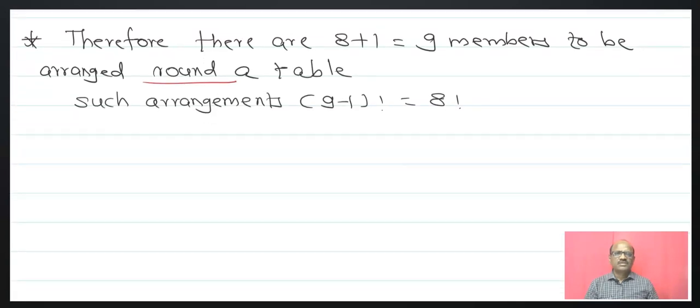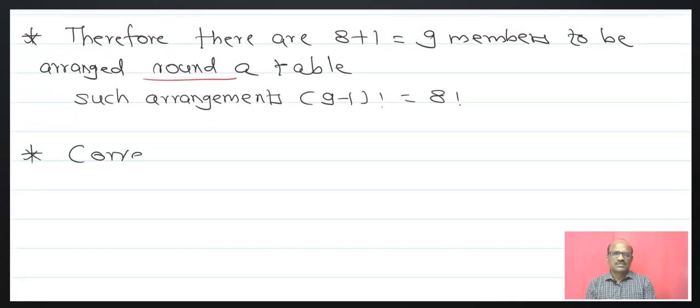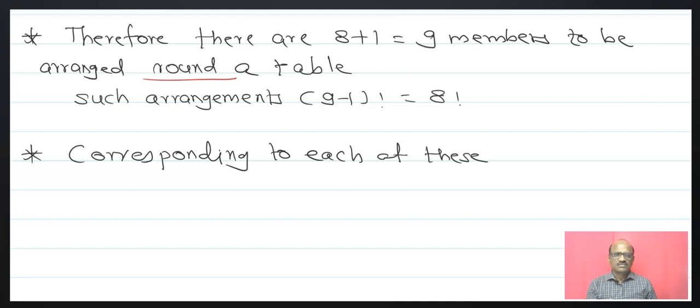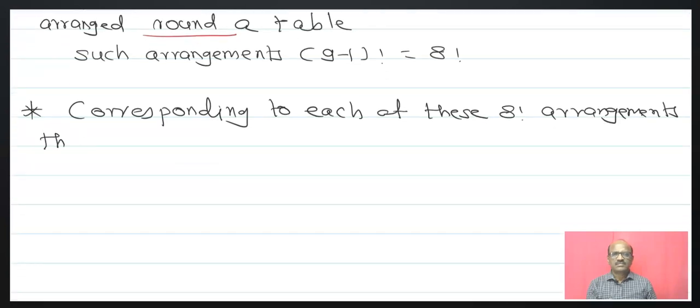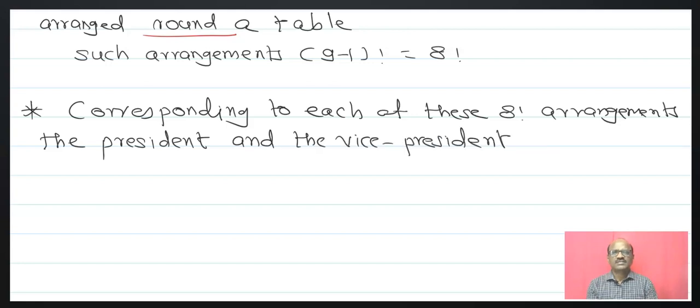Now the sitting of the 2, therefore the corresponding each of these 8 factorial arrangement, the president and vice president can be arranged in 2 factorial ways.